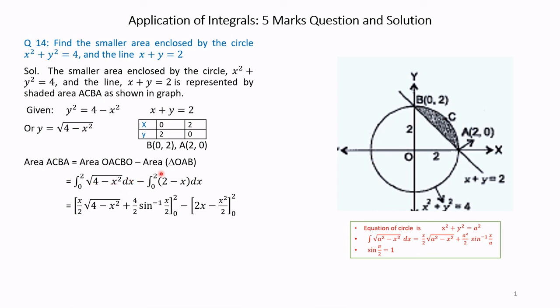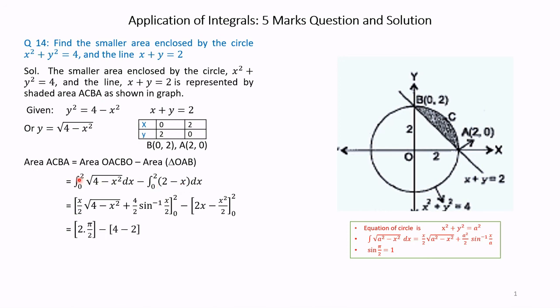You can simplify this separately on a rough sheet, or write it here itself. Minus the triangle: in the triangle, y is equal to 2 minus x, into dx, integral 0 to 2. This 2 minus x is obtained from the equation of a straight line.